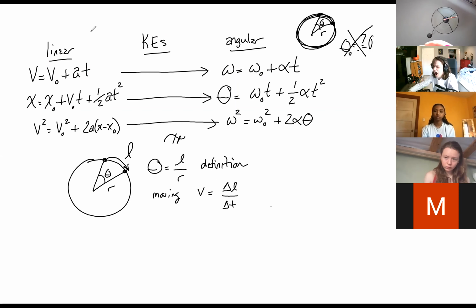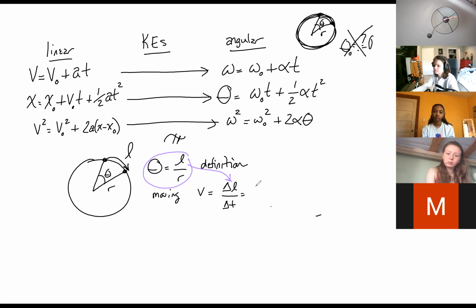Well, what we're going to do is use this in a substitution right here, and we can find out how linear space and angular space translate to one another, okay? So knowing that theta equals L over R allows us to substitute in for L there.